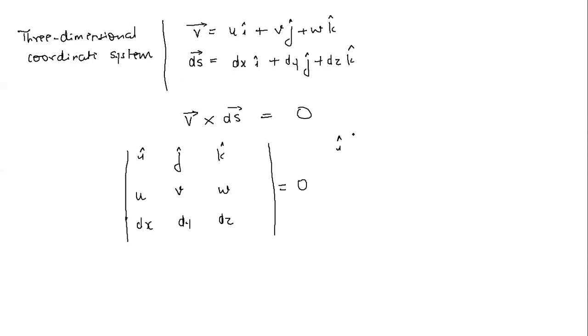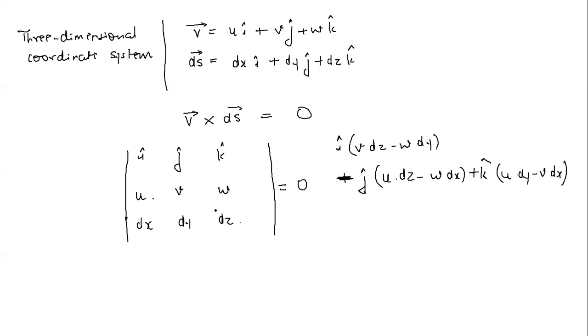This is i cap, then in the bracket we have v dz minus w dy, correct? Then here we took the minus sign, minus j cap, again now just exclude the middle column, and then use these two. So minus j cap, u dz minus w dx, again plus k cap, now this is u dy minus v dx.